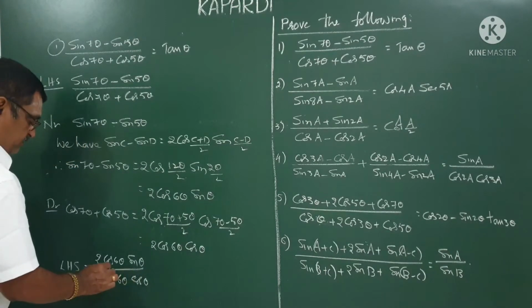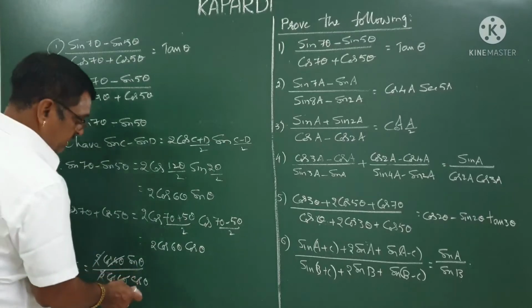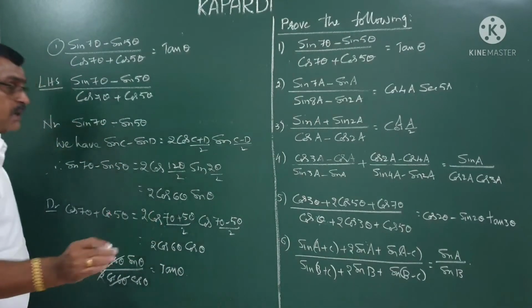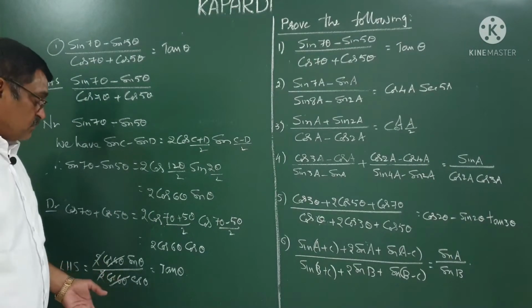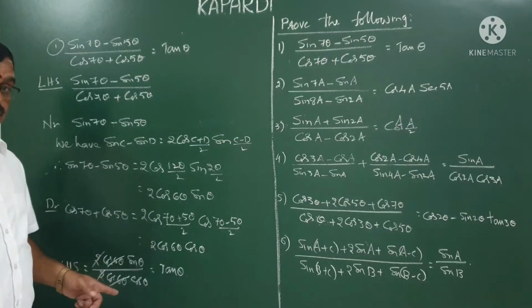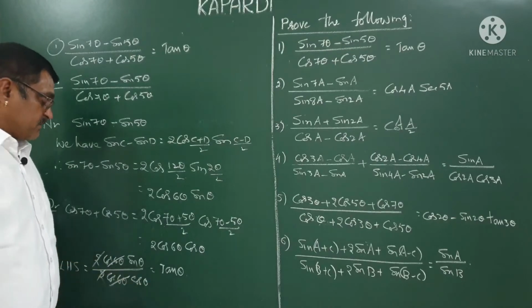I can cancel 2 cos 6 theta. So I got sin by cos, which is nothing but tan theta. Remember, cancellation means here cos 6 theta is not 0, then only you can do this, because it is division.